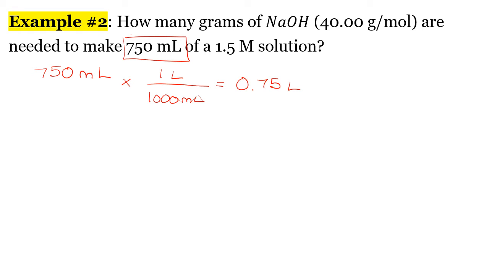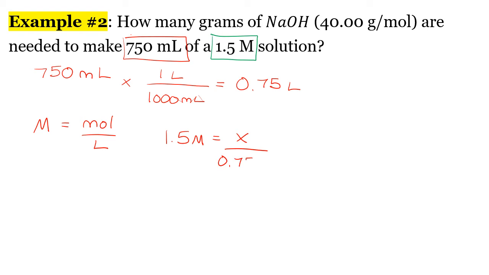All right, going back to our equation, molarity is equal to moles over liters. In the question, it tells us that we have a 1.5 molar solution. So 1.5 molar equals, we don't know the moles, so I'll just put an X there for now. And it tells us that we have a 750 milliliter solution.